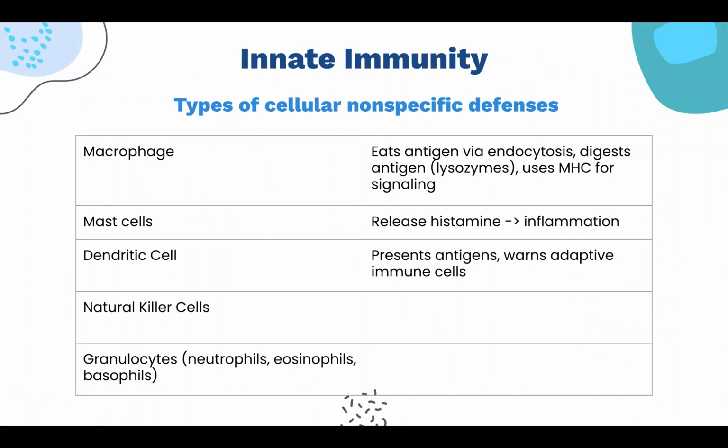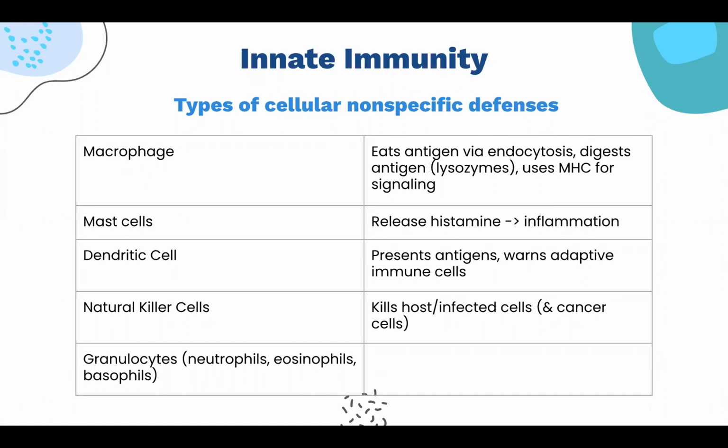So, does anyone know what natural killer cells do? Yes. They are responsible for causing a cell to undergo apoptosis when it's infected with a pathogen, and natural killer cells also help eliminate cancer cells. So we've hit our last category, which is granulocytes.